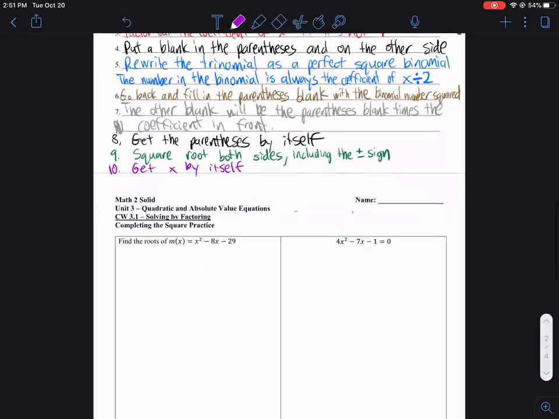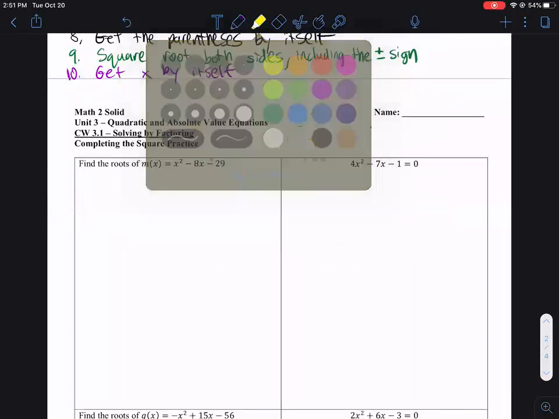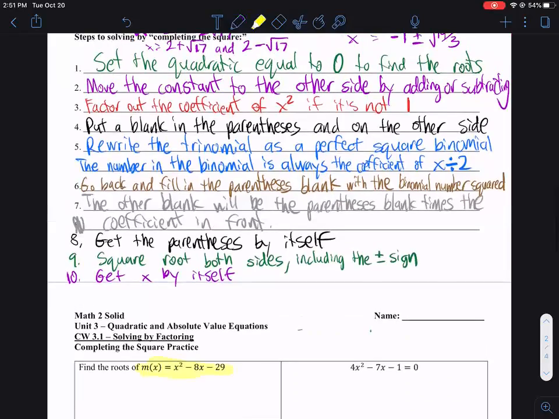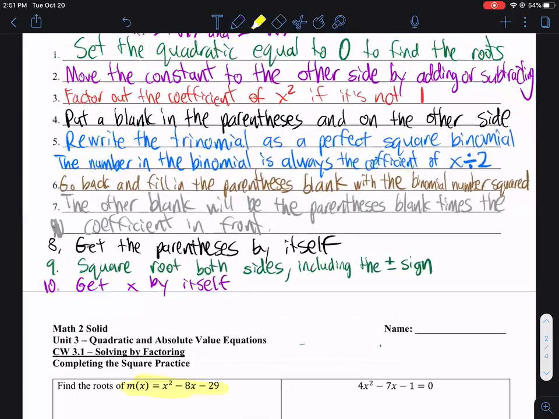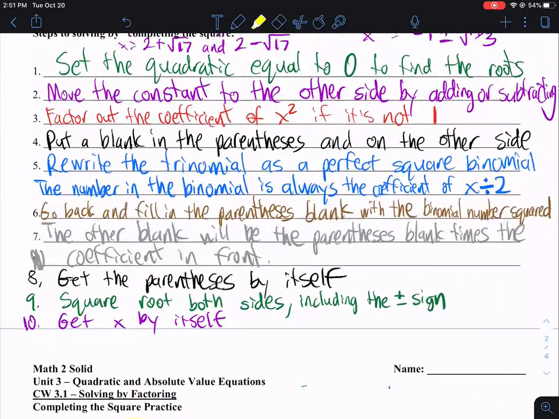Okay, so why don't we try the top left problem on the last page? Okay, so again, the steps are all here. I'll leave them up in case you want to look here instead of flipping back and forth. Or you can probably see them both at the same time with the way it's printed. But go ahead and try that top left problem and see if you can get to an answer.